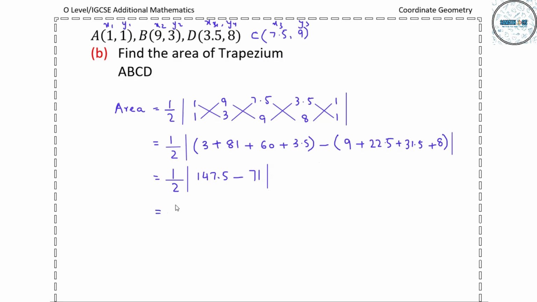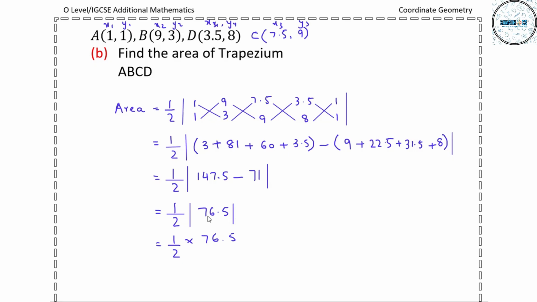Is equal to 1 upon 2 into absolute of 76.5. The absolute of 76.5 is 76.5, so we can write it as 76.5.